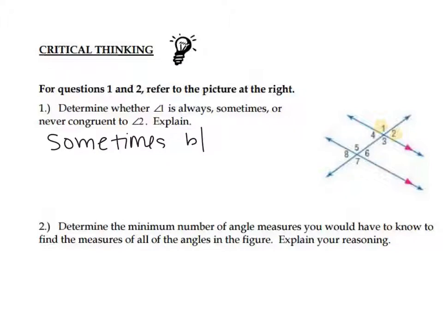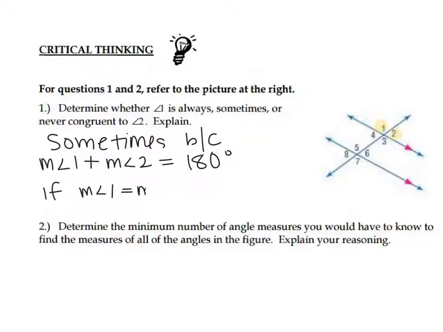I'm going to say that because the measure of angle 1 plus the measure of angle 2 equals 180 degrees. So if the measure of angle 1 equaled the measure of angle 2 equaled 90 degrees, then they would be congruent.